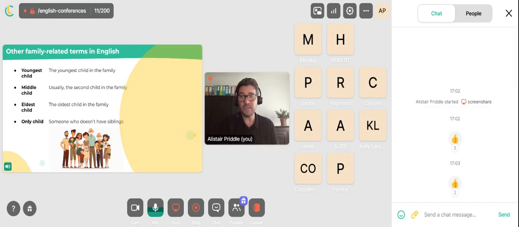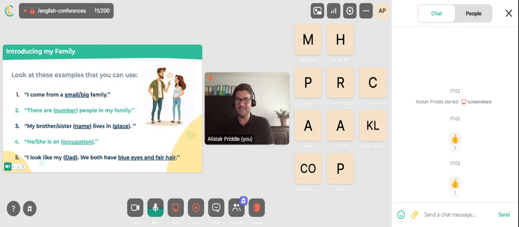An eldest child is the oldest child in the family. Only child. An only child is someone who doesn't have siblings. So siblings are brothers and sisters.